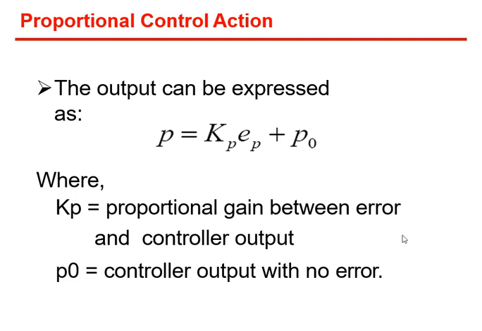So P out is the control output with no error, and Kp is the proportional gain between error and controller output. Shortly, you can express it as Kp into Ep, but in detail it is Kp into Ep plus P out, which is the control output with no error. In some books it may be given like this only, P equals Kp into Ep. In some books it is given in detail like this, P equals Kp into Ep plus P out.